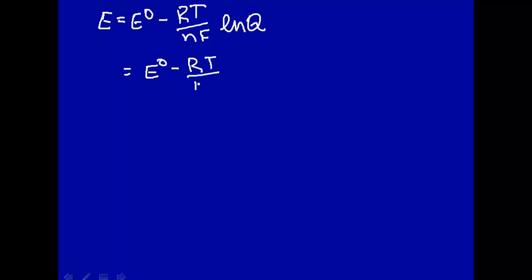So it's RT over NF. For this particular reaction, we're taking the activity of the products: solid silver, H plus, and Cl minus. Those are the products. We're going to divide by the activity of the reactants.